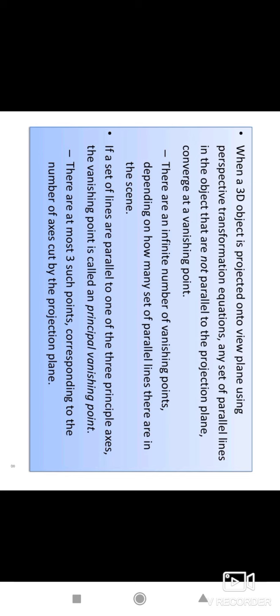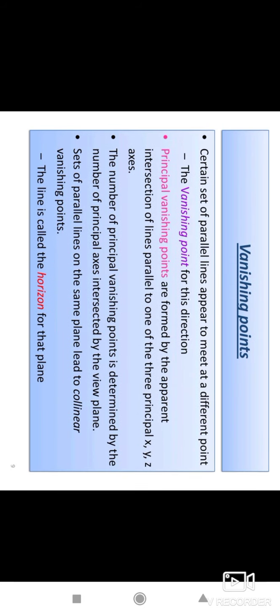There exist infinite vanishing points depending on how many sets of parallel lines are there in the scene. If the set of lines are parallel to one of the 3 principal axes, x-axis, y-axis and z-axis, the vanishing point is known as a principal vanishing point. There are 3 such points corresponding to the number of axes.